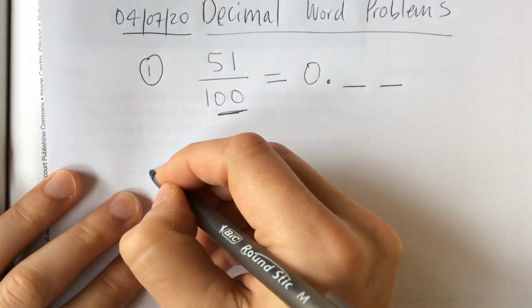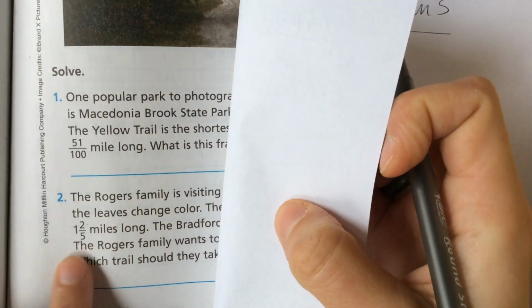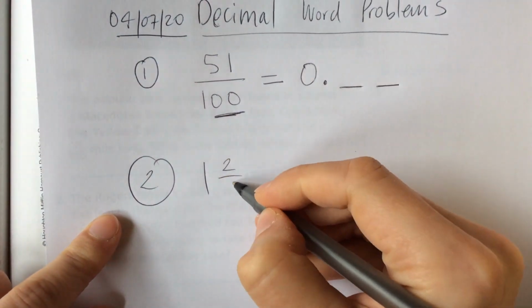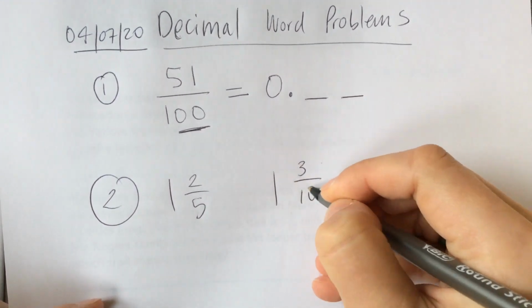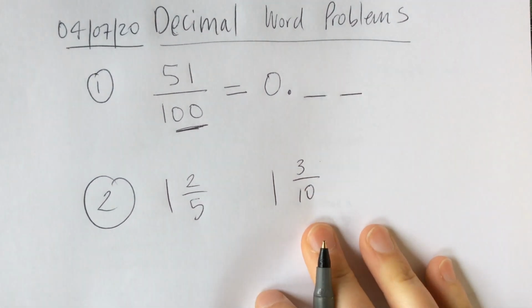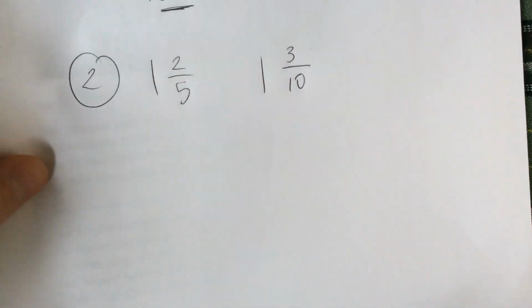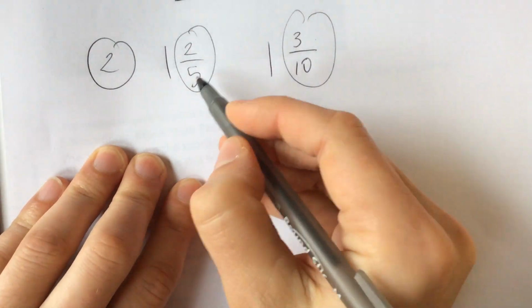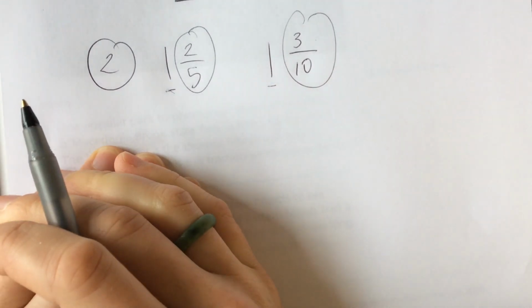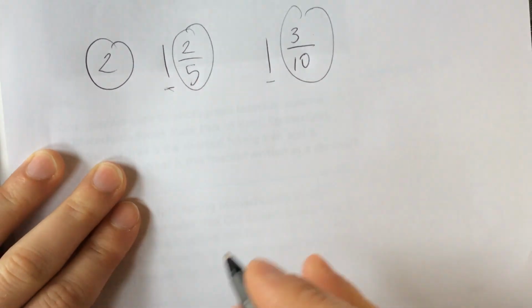So we've got here for number 2, 1 2/5, and we also have 1 3/10. And they want to know which is the longer trail. So if it were me, I would take these fractions because the 1 is the same, so we know it's 1. But we need to know which one is bigger here.